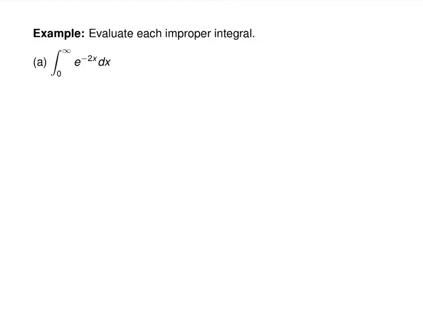All right, so the integral from 0 to infinity of e to the negative 2x dx. We will be checking that you're using proper notation, so don't forget to write the limit as b goes to infinity of the integral from 0 to b of e to the negative 2x dx. Now the antiderivative of e to the negative 2x is negative 1/2 e to the negative 2x.